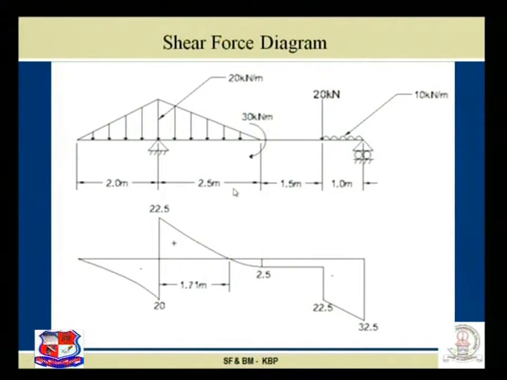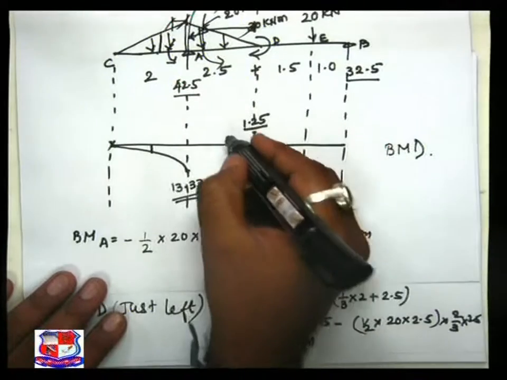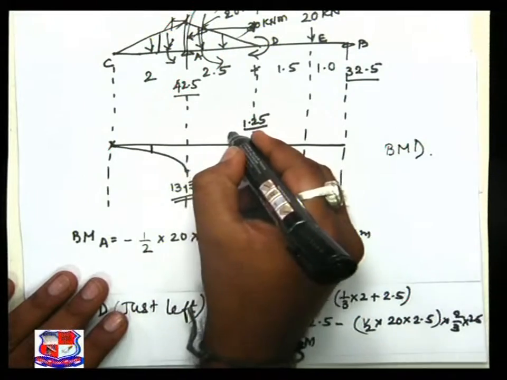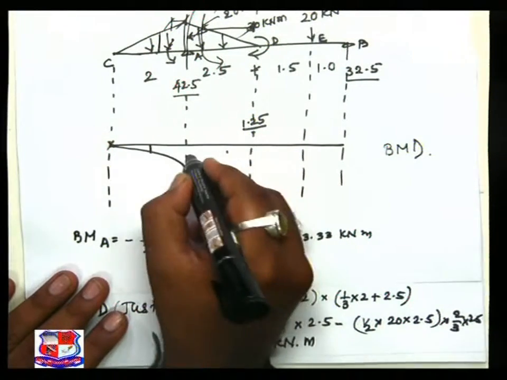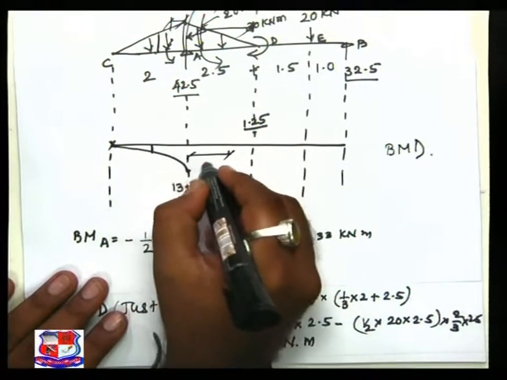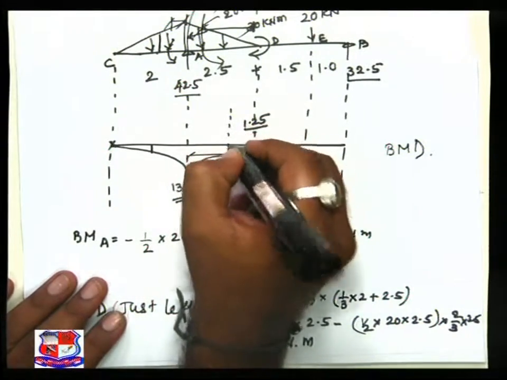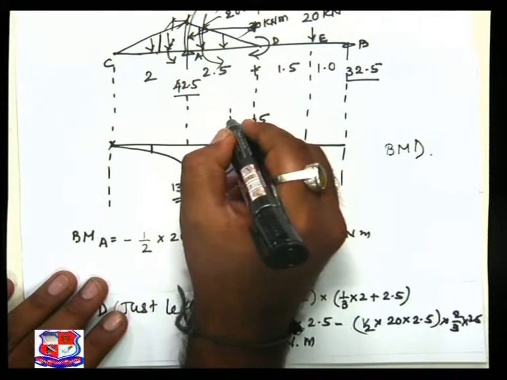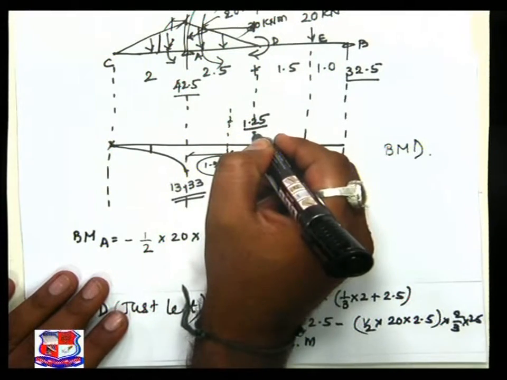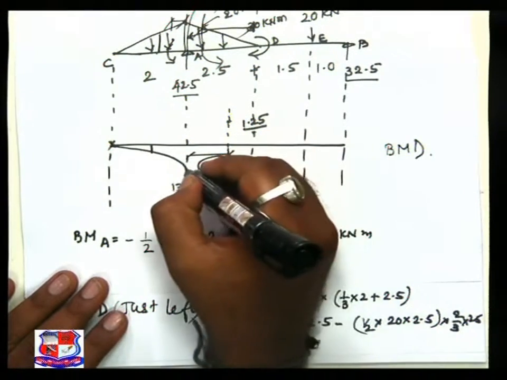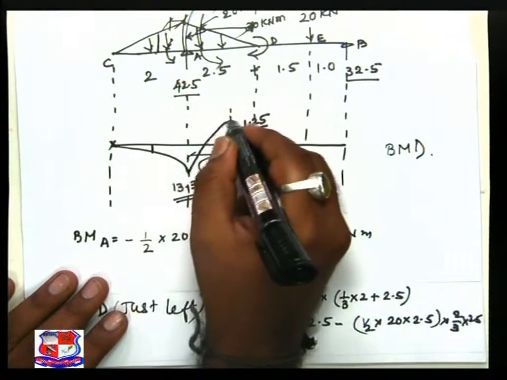Means I have to plot the bending moment in such a way, please come on the tabletop, 1.71 distance. So this is the distance that is to be called 1.71 meter. So there will be an ordinate which is higher than 1.25. So I have to plot, my diagram is like this.